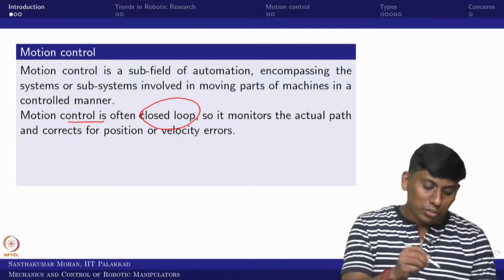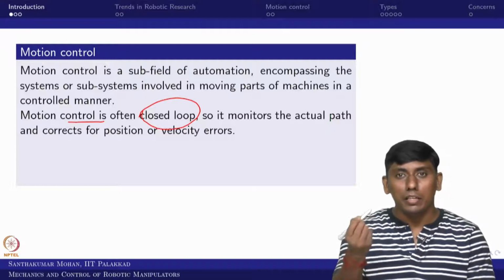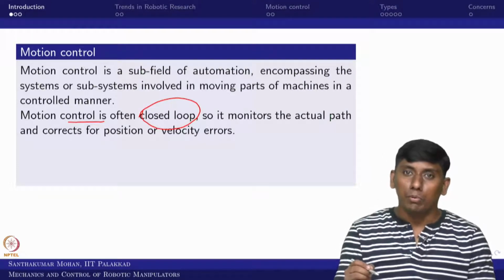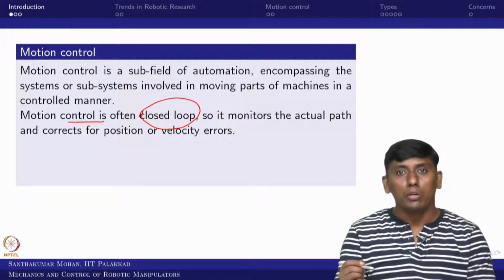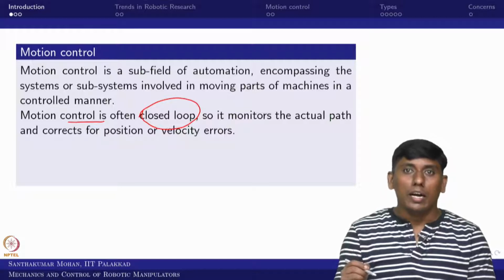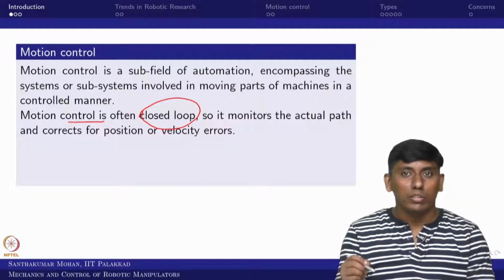That's why motion control is more often closed loop. However, in the initial phase of robotic systems, all were open loop control. We purely relied on the model and assumed that the initial conditions are the same.